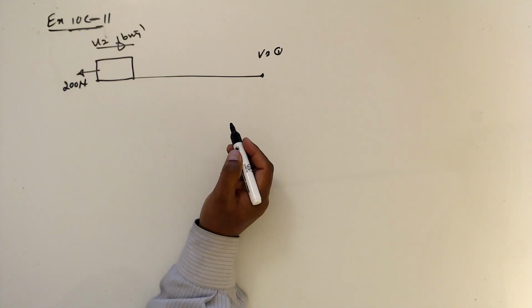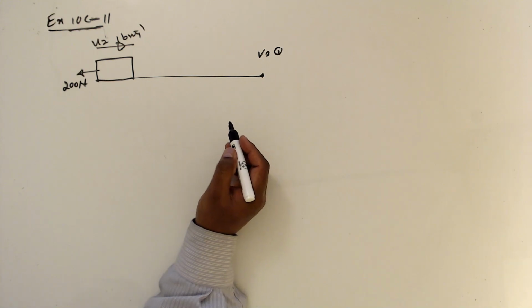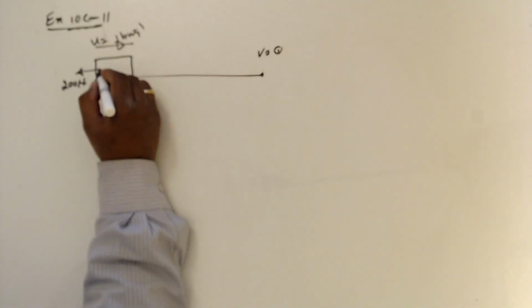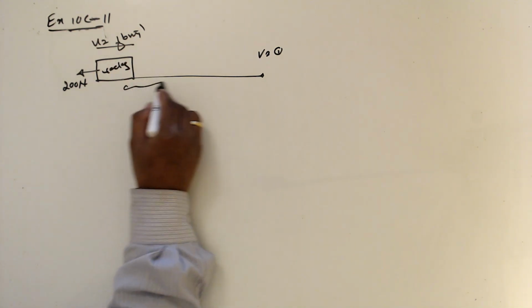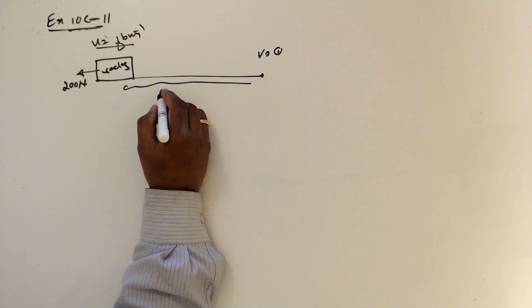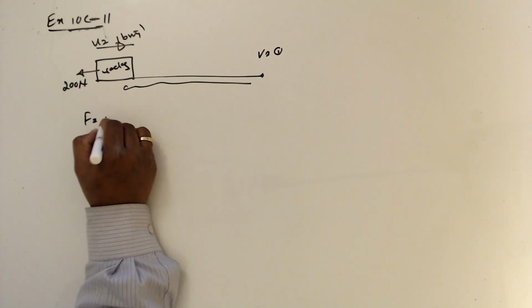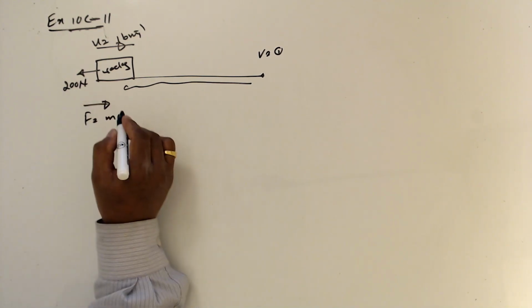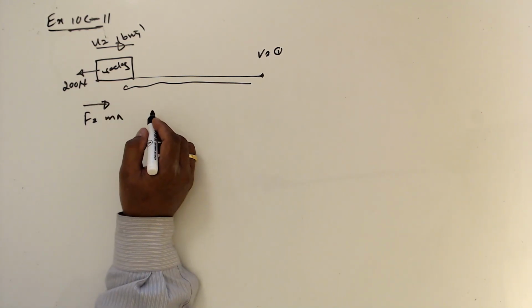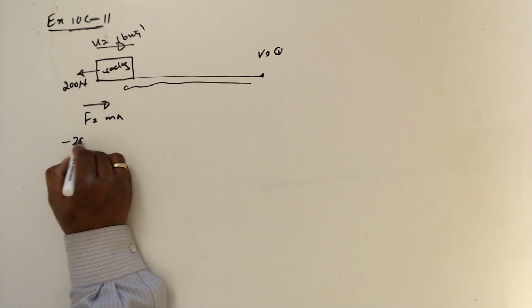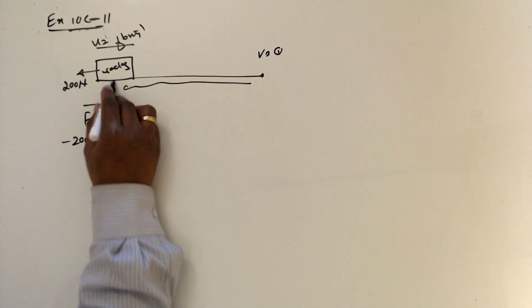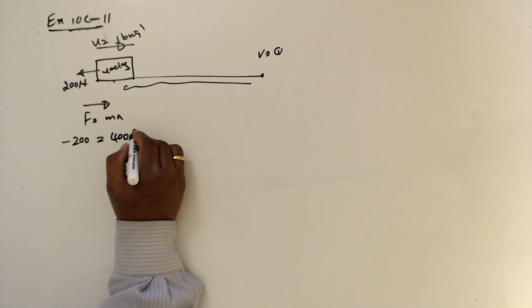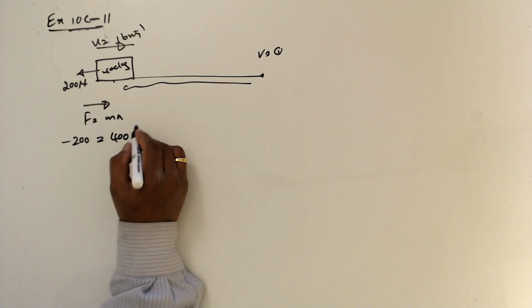Now from here we can find the acceleration of the journey. The mass is given, 400. So F equal ma, when you put in this direction, this is the moving direction. So this is minus 200 Newton. This is the only force, and mass is 400 times A, which we don't know.